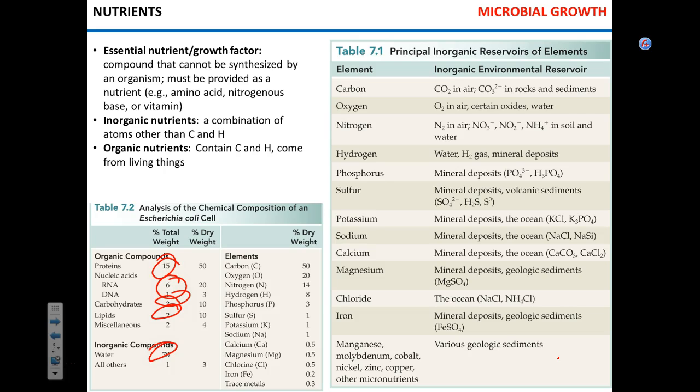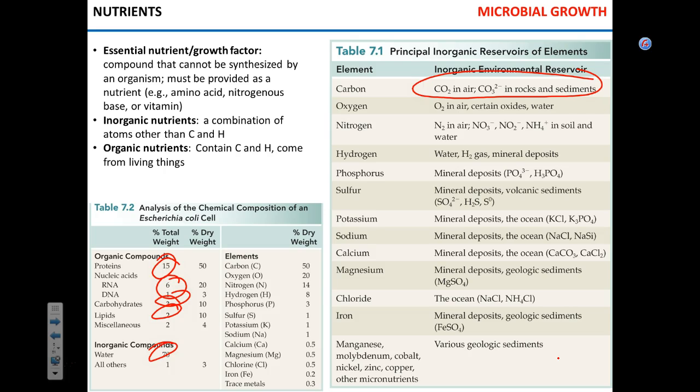So carbon in those biochemical molecules comes from inorganic sources, in case of autotrophs, which can be carbon dioxide in the air or bicarbonate ion in the sediments, or it can come from organic sources for heterotrophs like us.